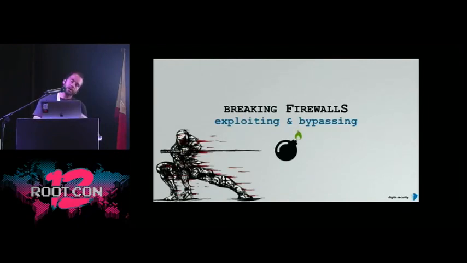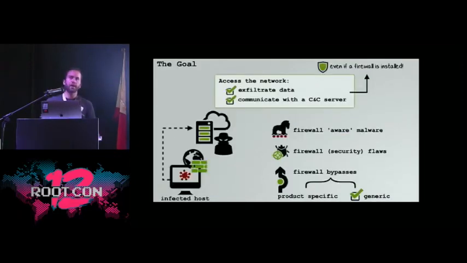Okay, so this conference is primarily a hacker conference. So let's turn our attention to the other point of view and talk about how we can break such firewalls. Our goal is simple. Again, we've put on our hacker hats. Maybe you're a pen tester, maybe you're a government employee doing offensive cyber operations, or perhaps you're even a cyber criminal. Hopefully not. But assume you've gained access to a Mac system that has the firewall installed.